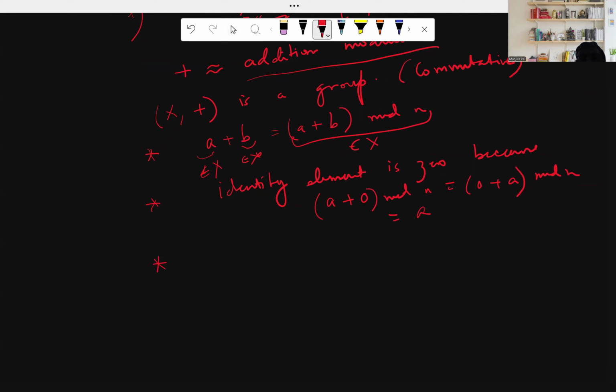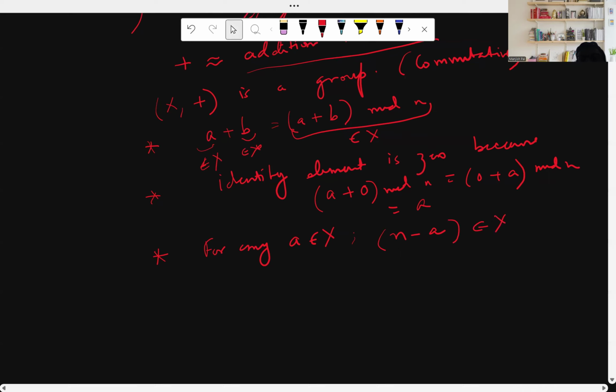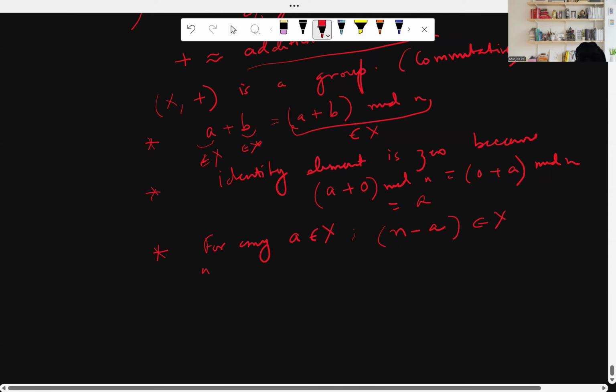And the third is existence of inverse. So for any A in X, if we take the element n minus A, then this is also in X, because X starts with 0, 1.